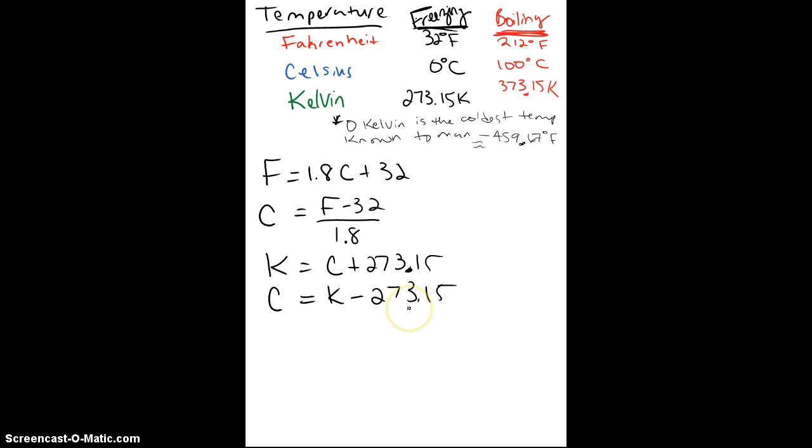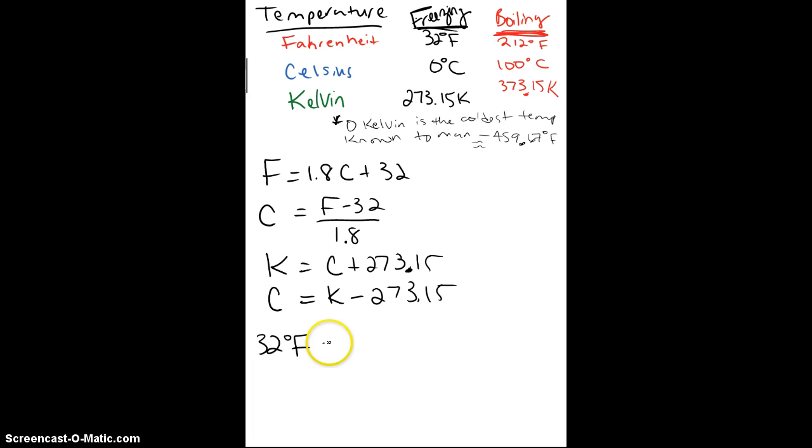Now, notice there's no Fahrenheit with Kelvin. So if you need Kelvin from Fahrenheit, you're going to have to convert to Celsius first so that you can use the Kelvin formulas, because there are no formulas with Fahrenheit and Kelvin in them. So basically, I can give you any one of these three things, and you should be able to get the other ones.